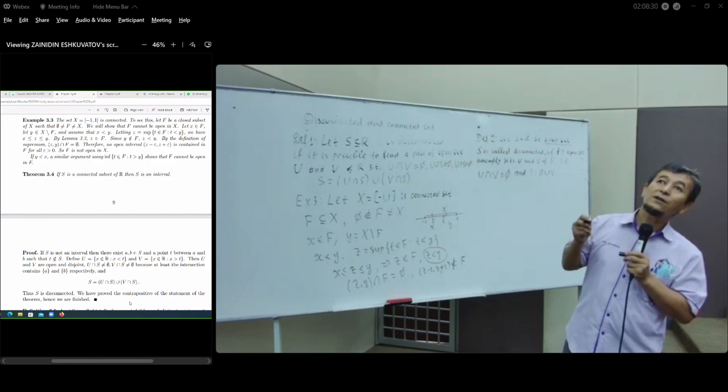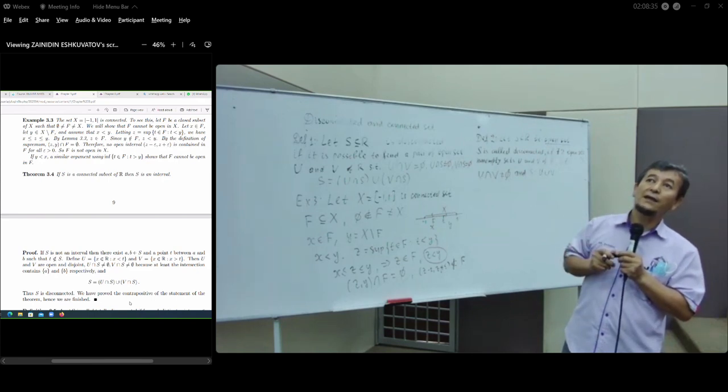No open interval is contained in F for any epsilon greater than 0. So F is not open in X.